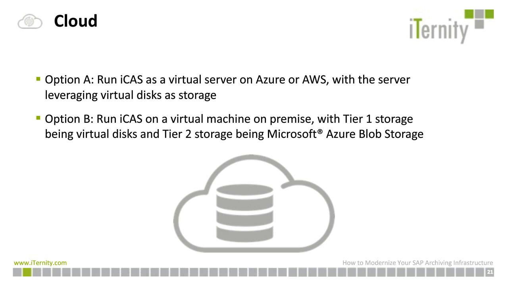Right now we just have a release for Microsoft Azure Blob Storage, but soon option B will also be available, where you can run ICAS on a virtual machine on-premise with Tier 1 storage where you store the files first and then push them out to Tier 2 storage, and that could be AWS as well.